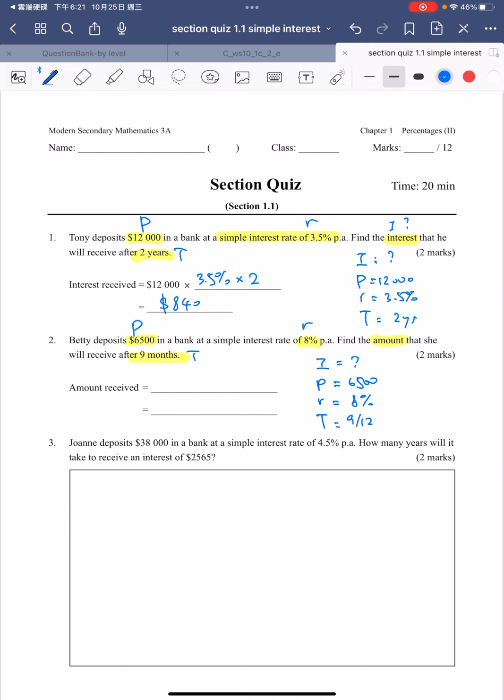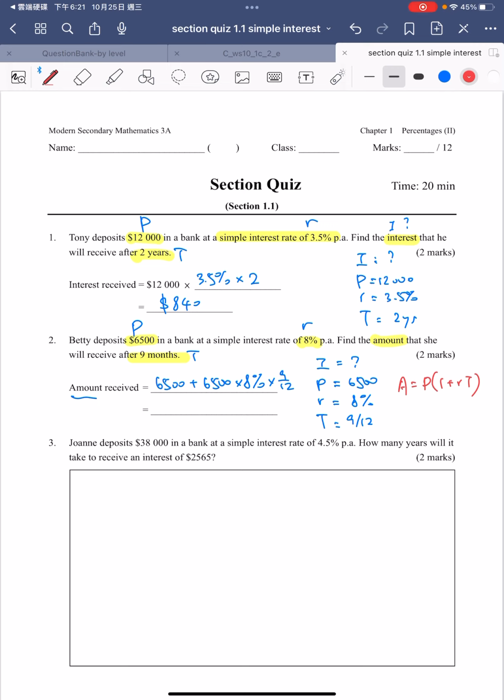Now we combine them, as the question is asking for the amount. So you need to use the principal plus the interest. First, write down the principal, and then we want the interest. The interest is calculated using the principal times the interest rate times the time. Or we can use our ultimate formula, A equals P times (1 plus RT).